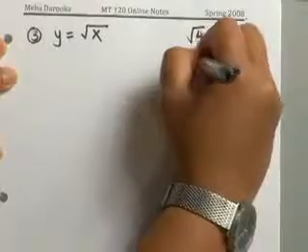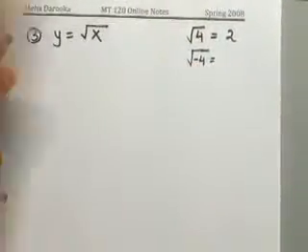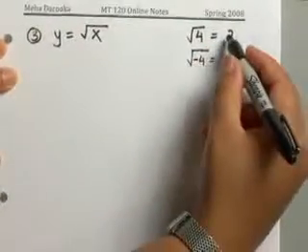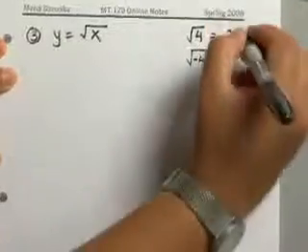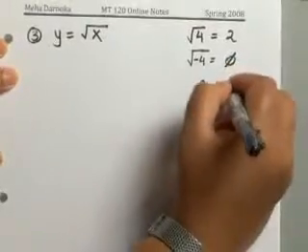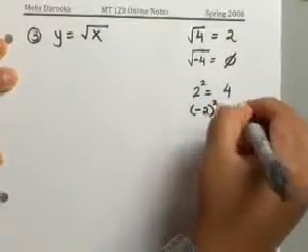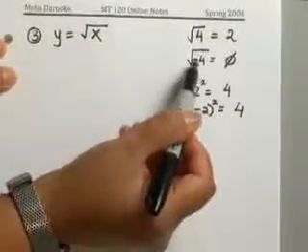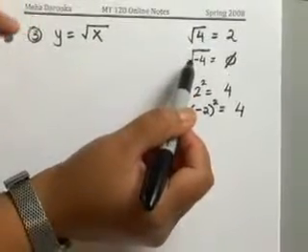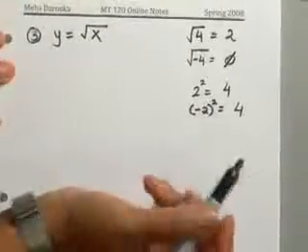But you cannot take the square root of negative 4, because if I were to square my 2, 2 times 2 gives you a positive 4. If I take negative 2 and square it, it still gives me a positive 4. So you just cannot have a negative inside your even roots. And even roots are square root, fourth root, sixth root, all of those. You cannot have a negative value inside.